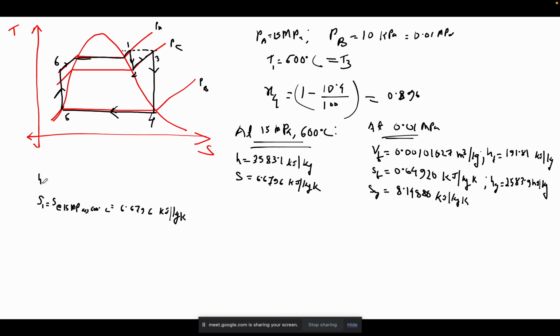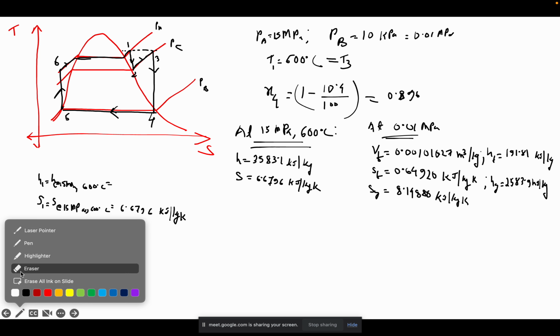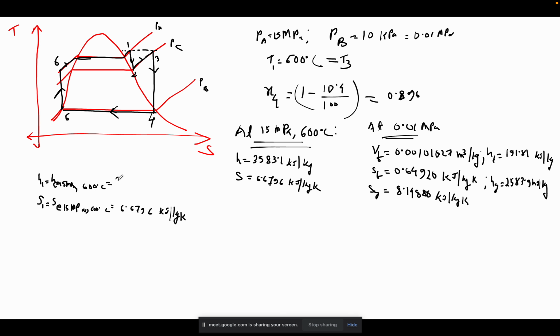We also know H1, that is H at 15 megapascal and 600 degrees Celsius, which equals 3583.1 kilojoule per kg.